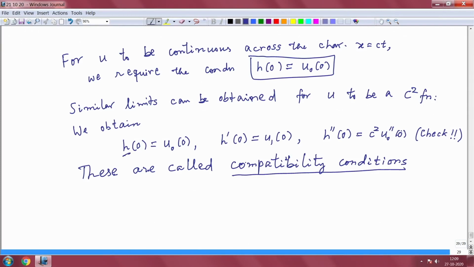So, this h is the boundary condition, and u_0, u_1 are the initial data. Compatibility conditions.